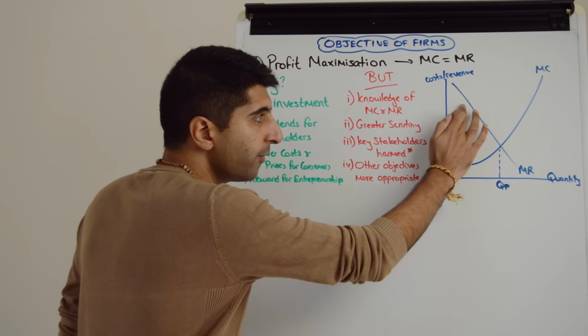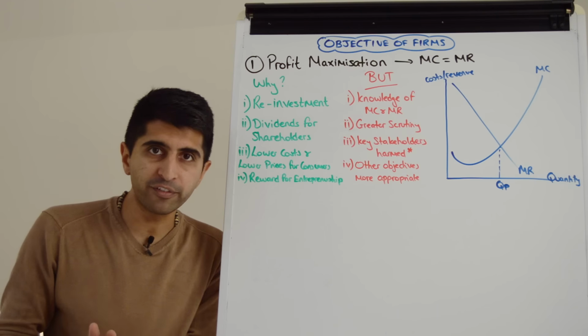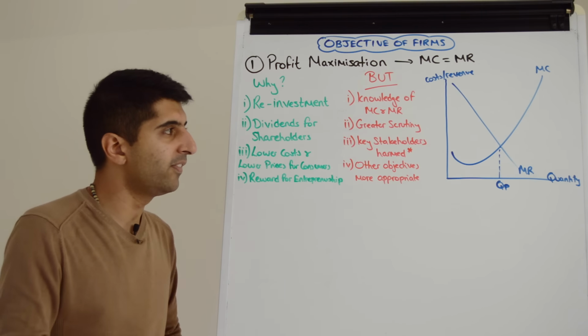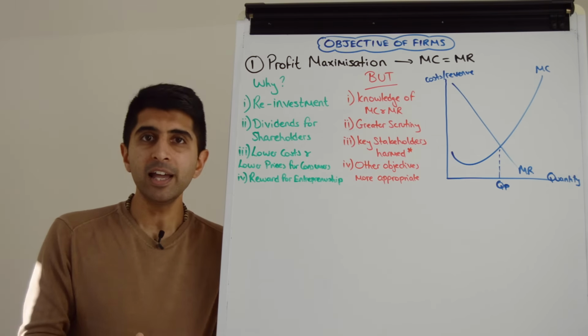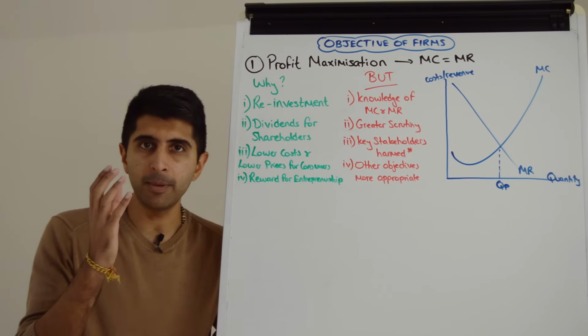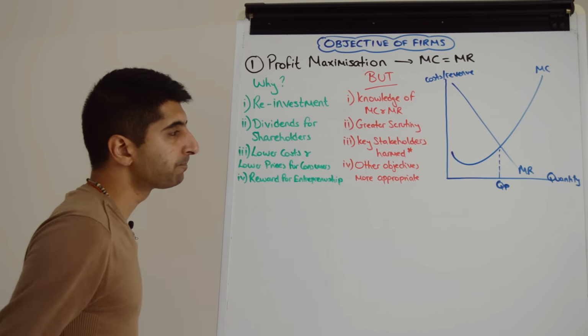So as long as marginal revenue is greater than marginal cost, the next unit will always generate more profit and therefore always increase profit in the end. So the only logical place to stop if we're looking to maximize profit is where no more extra profit can be made. And that occurs where MC is equal to MR, right there.